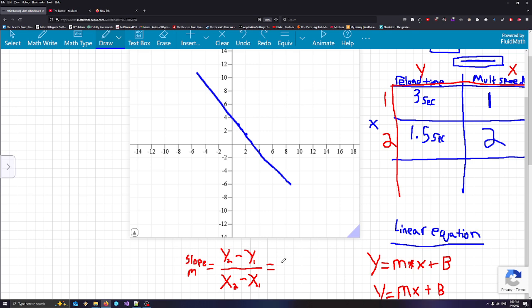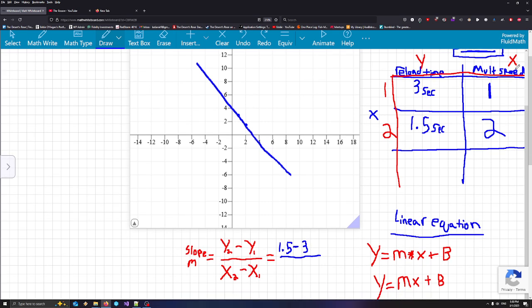Okay, so if we want to plug in the numbers here, we have y2, so 1.5, minus y1, which is 3 seconds. And now the x2 and x1, so x1 is 1 second minus x2.